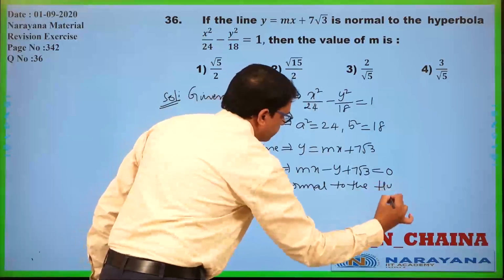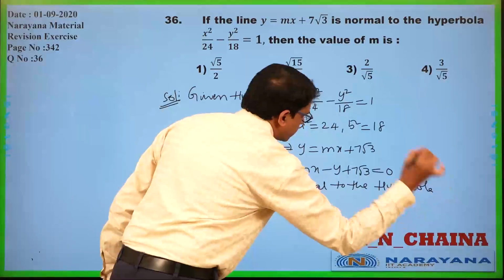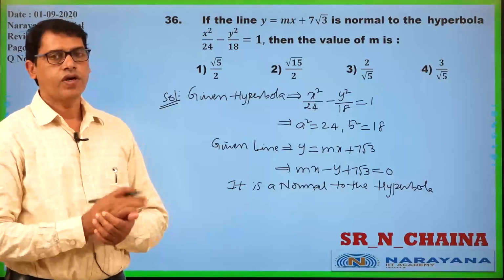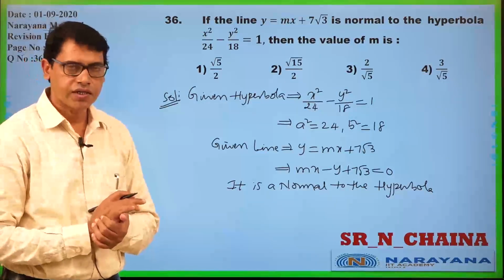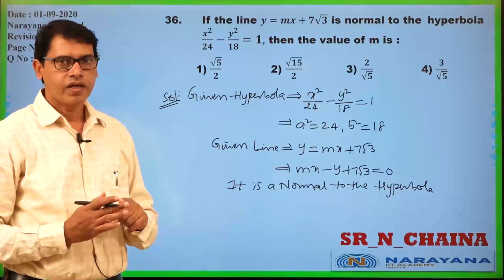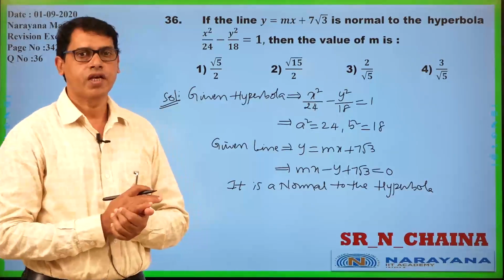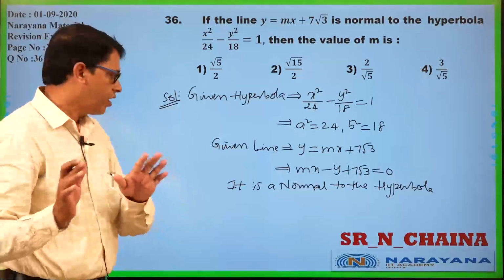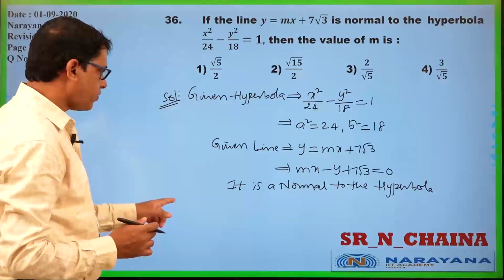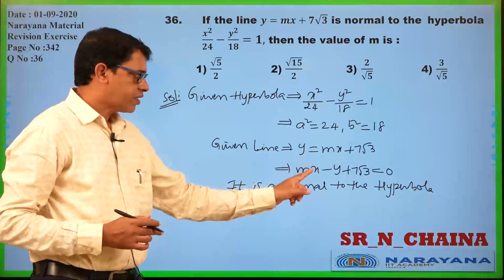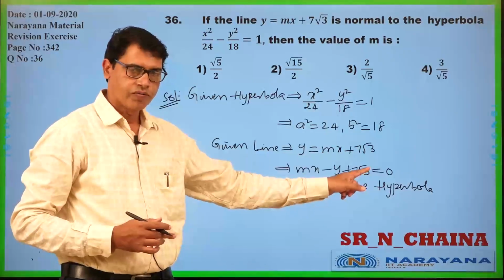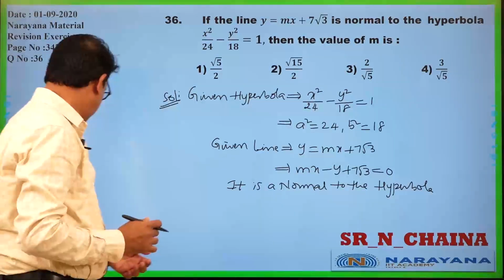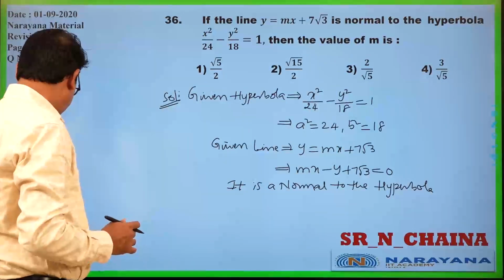If Lx plus my plus n equals 0 is a normal to the hyperbola, then the condition is a square by L square minus b square by m square equals a square plus b square whole square by n square. So the formula, let us go to the next page.